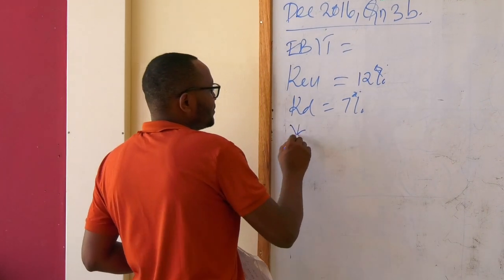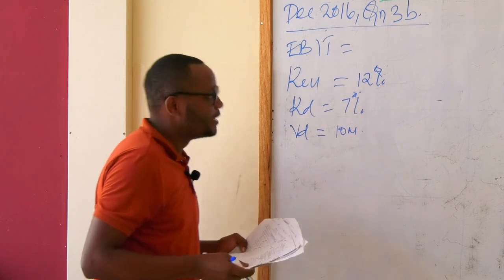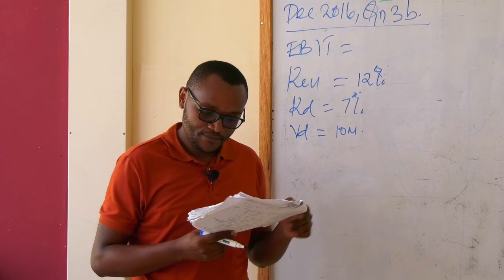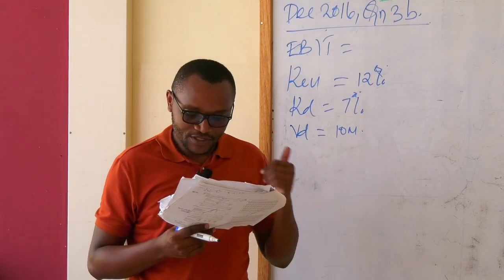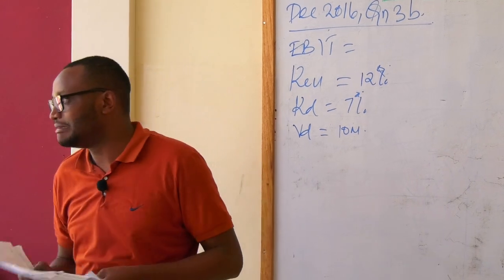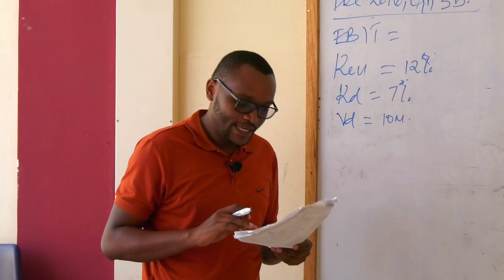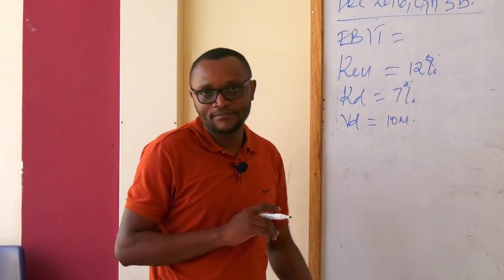This is the value of debt. Value of debt is 10 million. So we have been told here, required using the model without taxes, determined without taxes, and our key part is about taxes, not debt. The current value of the unlevered firm.